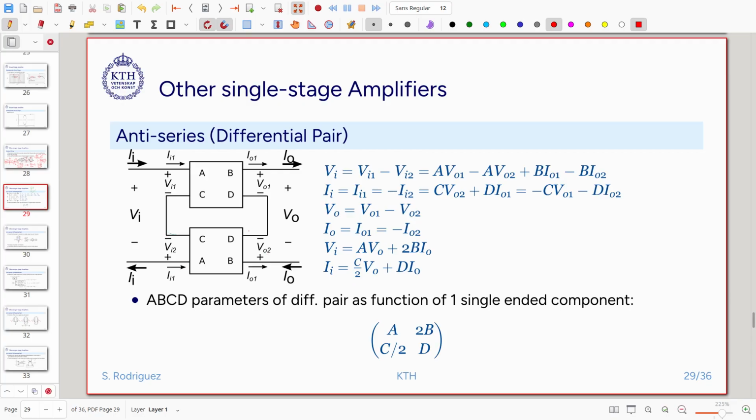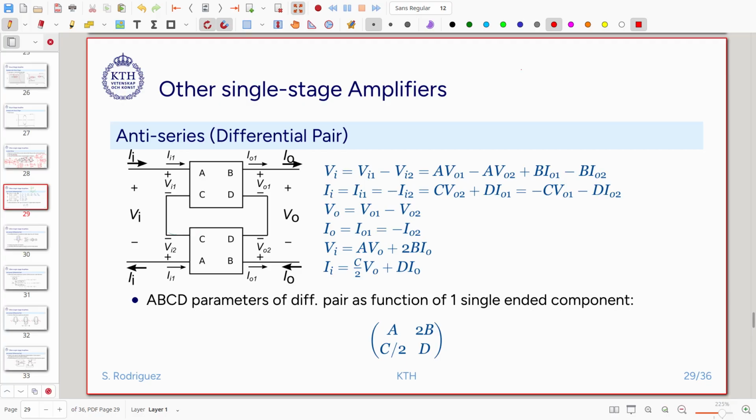And the same we take at the outputs. The negative output of one stage is going to be connected to the negative output of the other stage, and this has interesting properties for us. We're going to analyze these properties using ABCD parameters.